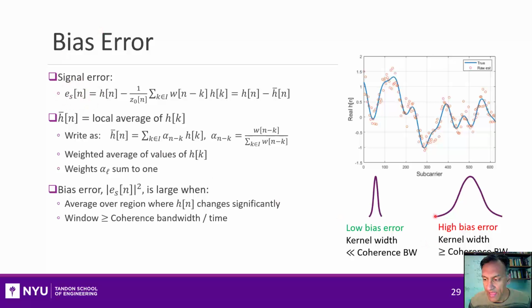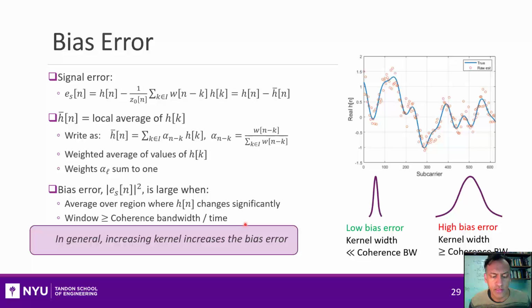On the other hand, if we have a very fat kernel like this, the channel is varying considerably over that region in which we're averaging, so we would expect the bias error to be large. And this will occur when the kernel width is greater than or equal to the coherence bandwidth.